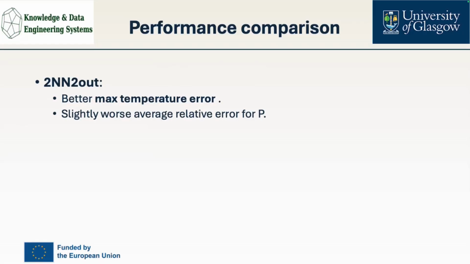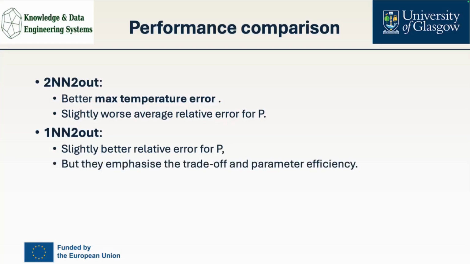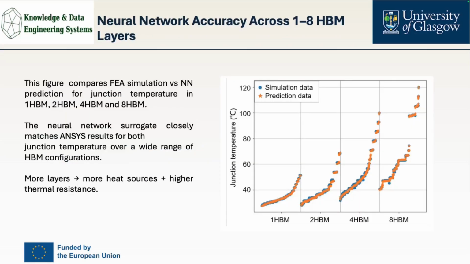But for the position, it gives worse results than the one neural network with two outputs. So the one neural network with two outputs gives better position prediction, but it's a little bit lower in temperature accuracy.